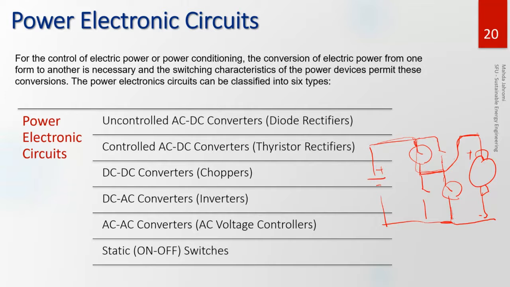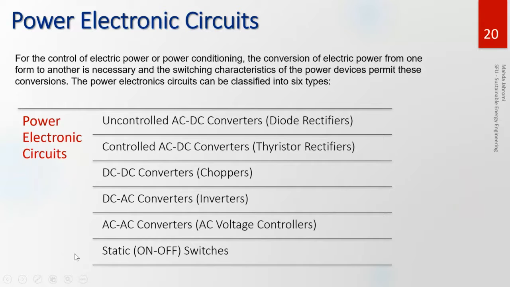Negative will be switched from, yeah, I think I forgot how to draw this, but I'll show you the circuit later on. So you can basically control the polarity of the motor using four switches.